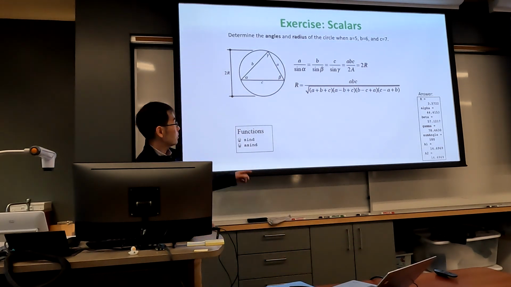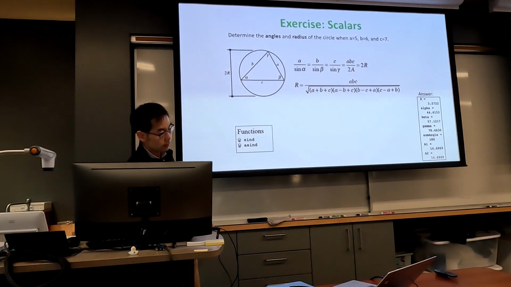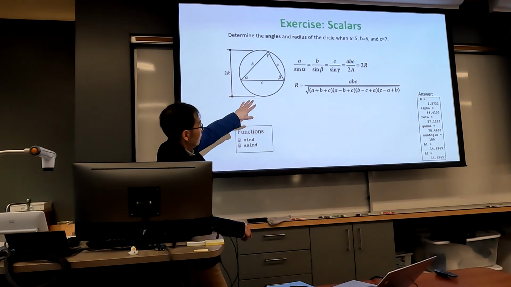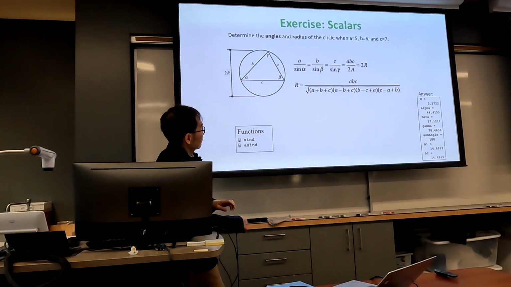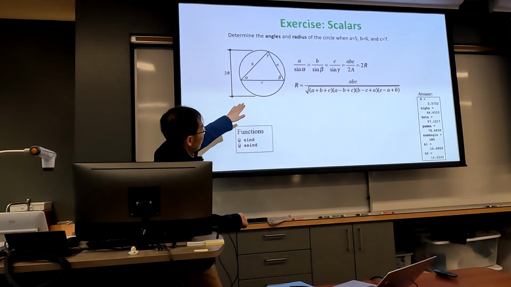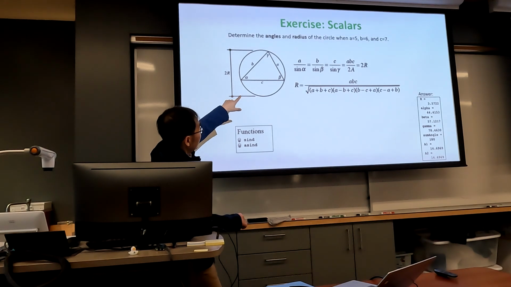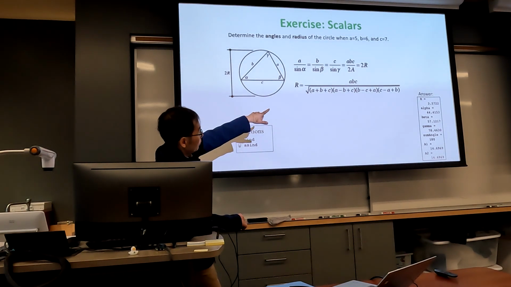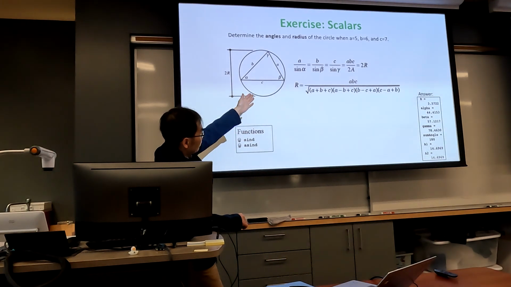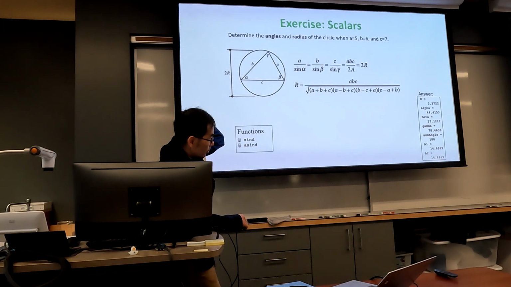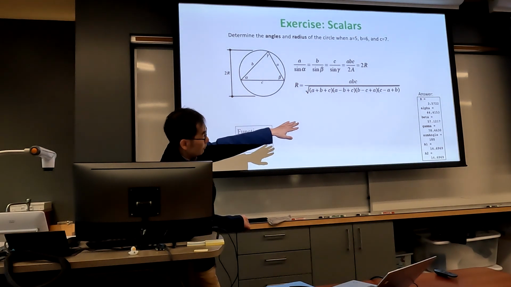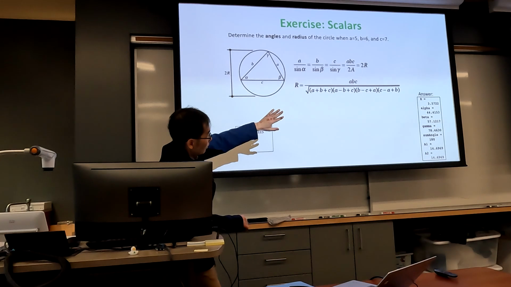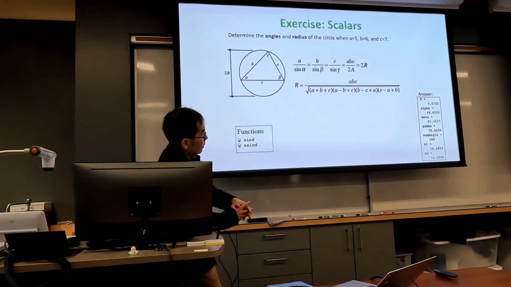Okay, so this is the second exercise. Can you try to get the value of r? The r is the radius of the circle. The formula is given right now, along with the other parameter values. I already gave the answer here, but try to confirm that your answer is the same.